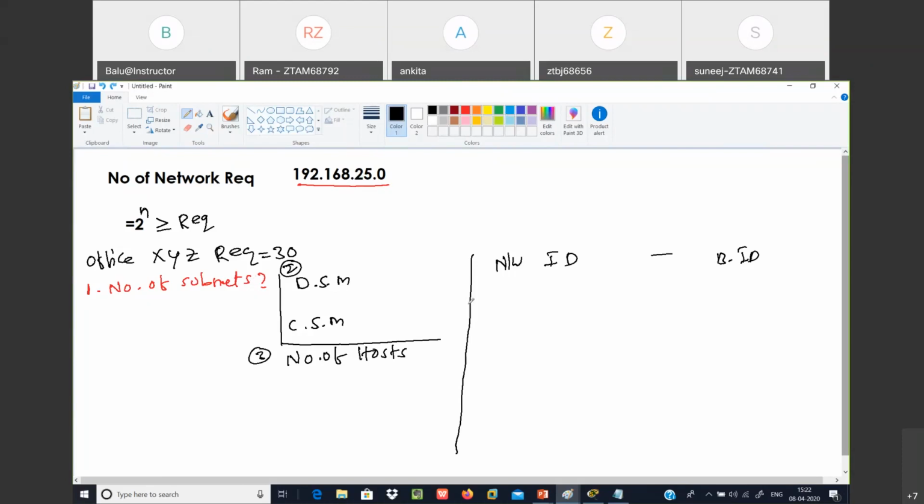Can you tell me the second subnet range? Second subnet range: network ID, broadcast ID. The base example is 192.168.25.0.